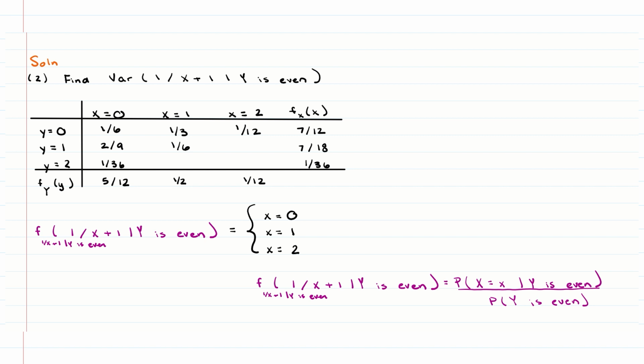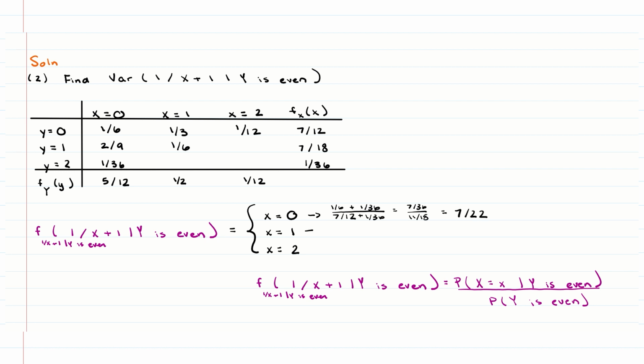Now the joint probability that x equals 0 and y is even is 1 over 6 plus 1 over 36, and that's over the marginal probability that y is even. So that's 7 over 12 plus 1 over 36. This simplifies to 7 over 36 over 11 over 18, and this gives us 7 over 22.